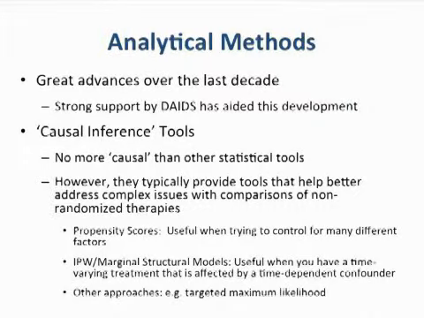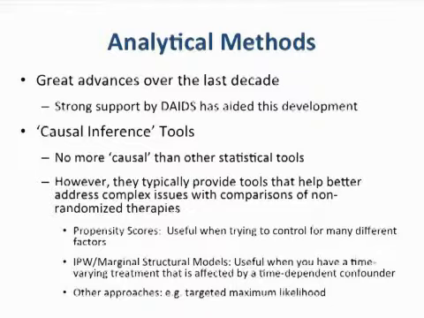Certainly in HIV, Division of AIDS has been very supportive of methodologic development, in particular the rise of causal inference tools, which are somewhat, the name causal inference implies you're getting at greater cause. I don't necessarily prescribe to that. I don't think it's any more causal than other statistical tools, but they do provide better ways of handling some of the complex issues, particularly that come up with non-randomized therapy.